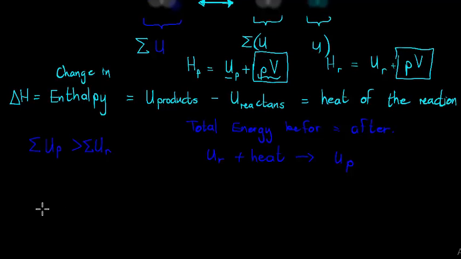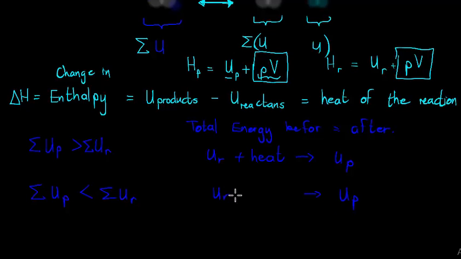Now imagine that the total internal energies of my products are less than the total internal energies of my reactants. This time my products have less energy in the molecules itself.